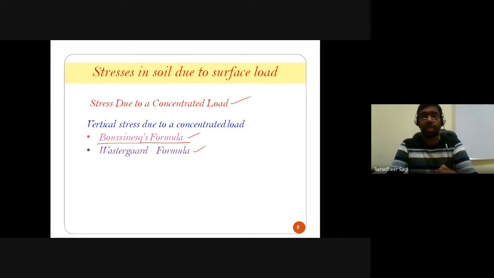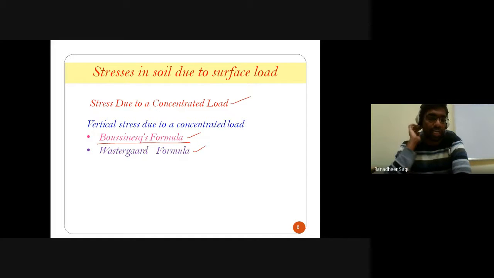Let's say, for example, if you look at a compound wall as my structure, when it comes to the compound wall, how is the load getting transferred from the compound wall onto the foundation? What kind of load is it called? That particular load is what is called your line load. Why is it called a line load? Because the width over which the load is acting is small, but the length to which it is extended is relatively large.